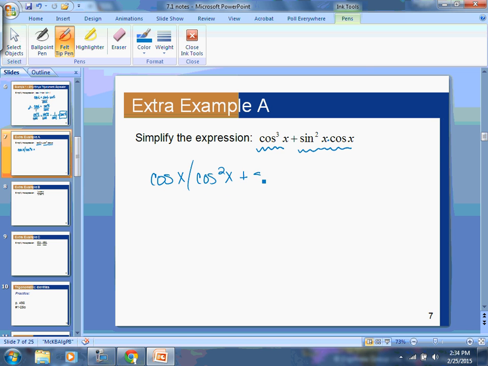And sine squared x. Oh, so then cosine squared x and sine squared x, that's 1. So cosine of x times 1, that's just cosine of x. Nice. Very nice. Very straightforward simplification once we took out that GCF.